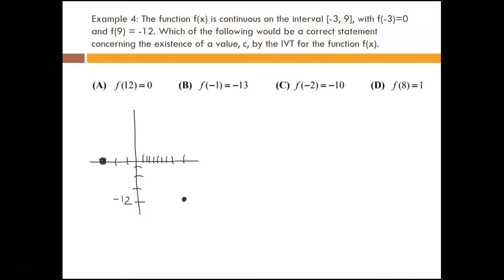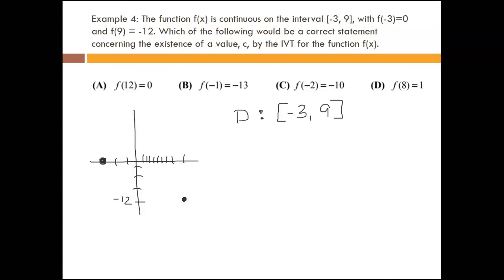Which of the following would be a correct statement concerning the existence of a value c by the intermediate value theorem? So it means that my domain is -3 to 9. Any multiple choice option that's not in that domain for x is out.